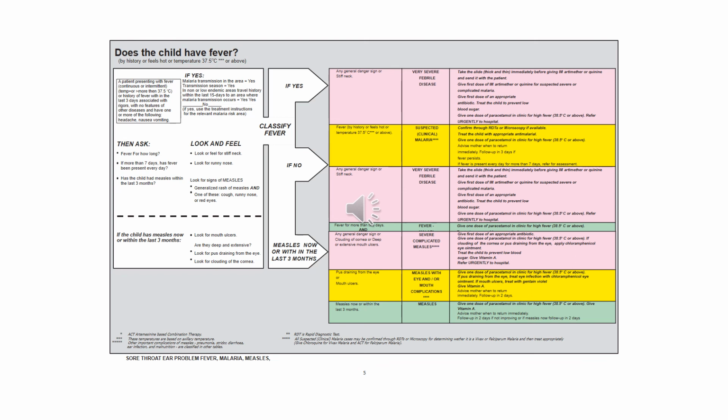Now, next, the child does not have any danger signs or any stiff neck, but the malaria test comes positive. Now, this falls into the yellow section. As you can see in the chart as well, this shows that the child has malaria.